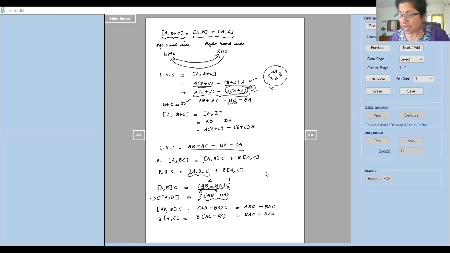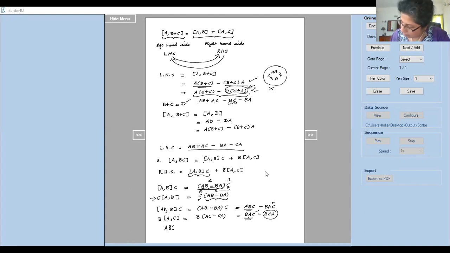Please note again, BCA is not the same as BAC, nor is it the same as ABC. But this BAC and this BAC will get cancelled. Now what are you left with?